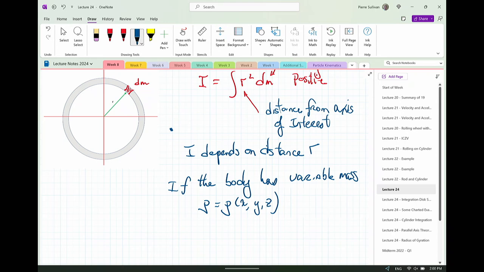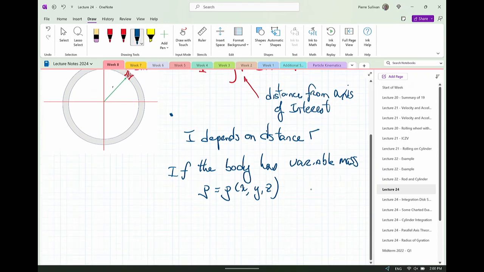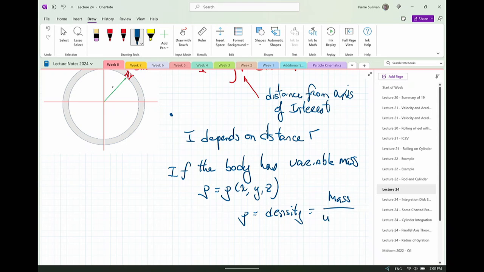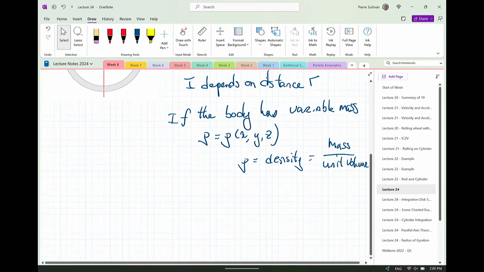If you start to deal with bodies with variable mass, where rho is defined as density, which is mass over unit volume, so kilograms per cubic meter, and if you have steel versus feathers, you get very different results.